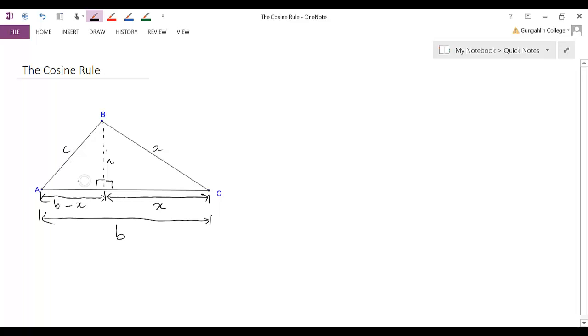And what I'm going to do is consider Pythagoras' theorem for each of these two triangles. So in the left-hand triangle, I'm going to have that C squared equals B minus X all squared plus H squared. And I'm going to go ahead and expand those brackets.